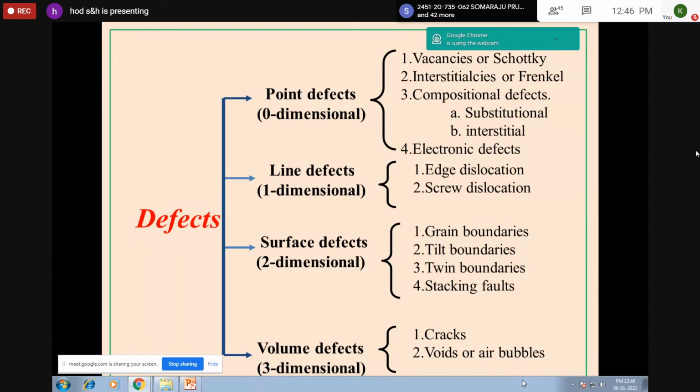Up to this, is it clear? What is the difference between an ideal crystal and a real crystal? What are the imperfections present in the crystal? How are they categorized? And what is the subclass? Shall I repeat this once? Anyone? Respond, anyone?